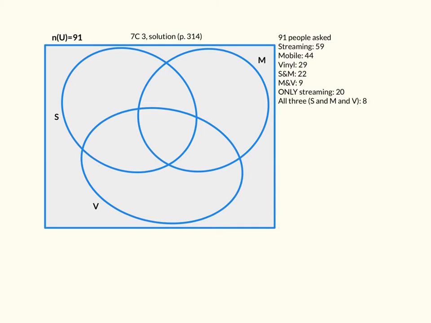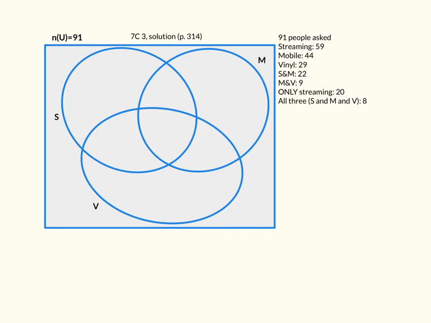So we have 91 people asked, 59 streaming, 44 mobile, 29 vinyl, streaming and mobile 22, mobile and vinyl 9, and only streaming is 20, and all three is 8 people. And we can start by putting in the information that we're sure about.